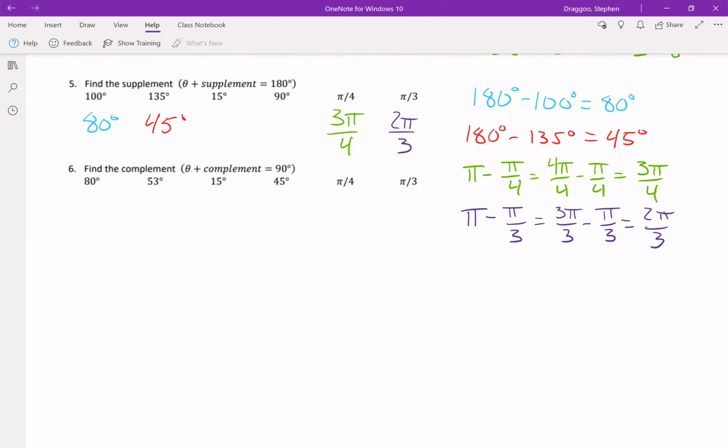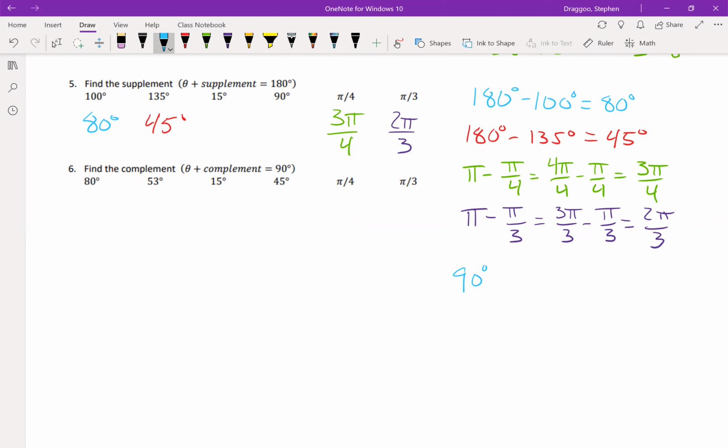Come down here and take a look at complements. So this time, instead of 180 minus the angle, I'll want to use 90 minus that angle. So we'll do 90 minus 80 is 10 degrees. 90 minus 53 is 37 degrees.